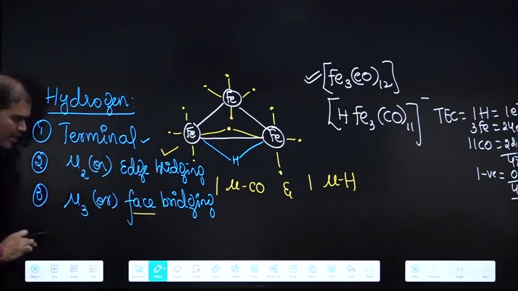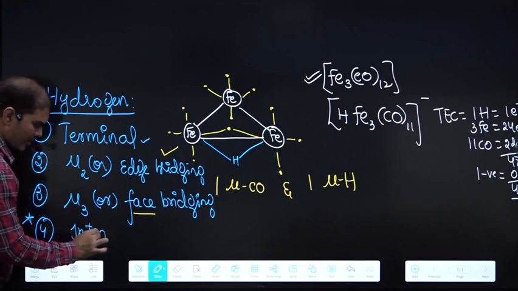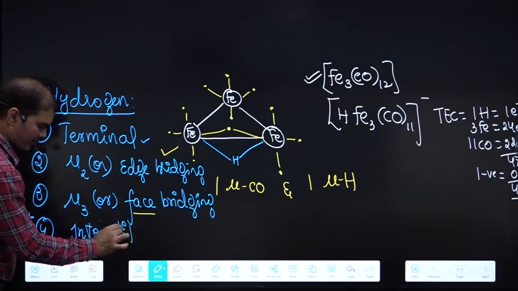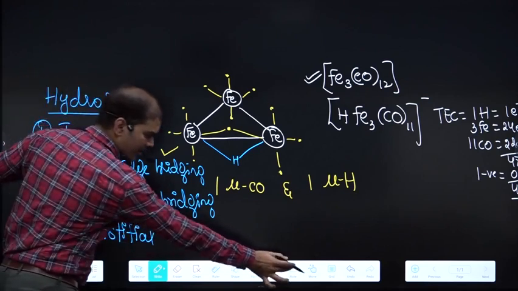Sometimes it could be phase bridged, sometimes it could be terminal. Along with these bonding modes, hydrogen can also be interstitial. So here hydrogen becomes completely different with respect to any other ligand. So just note down this point.